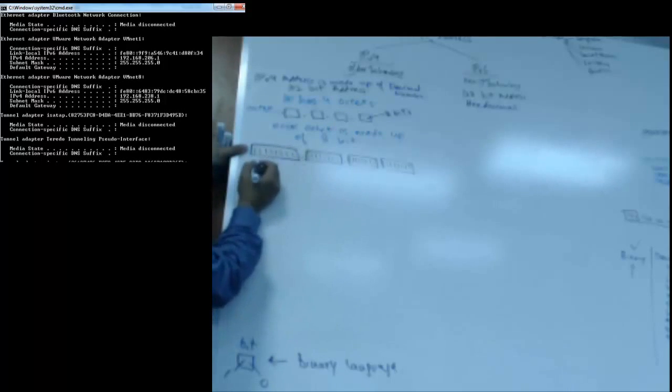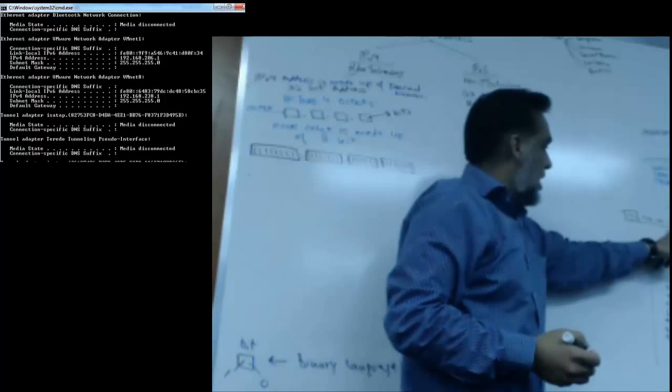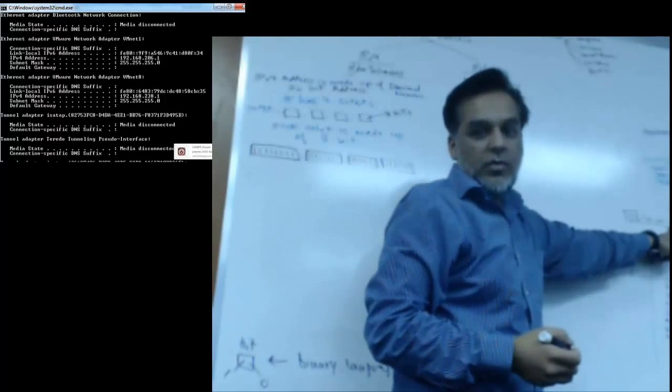This complete number 192 is derived from a binary number. This is just a simple conversion between binary to decimal and decimal to binary. Here it is 8 bits that are divided. So first of all, let's see how you can divide this number into a binary number.